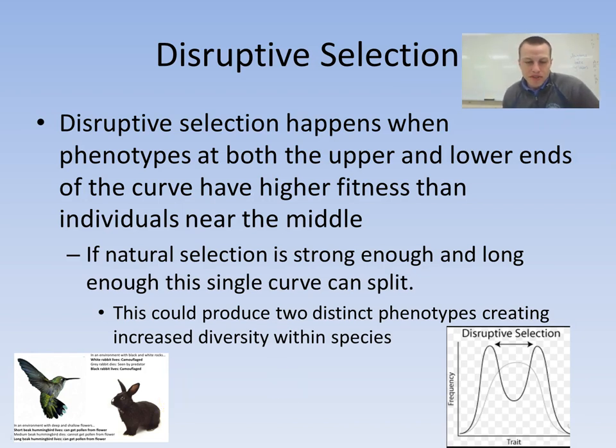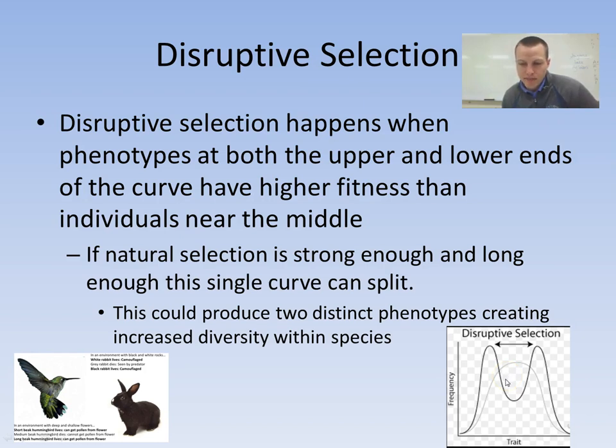Another example of disruptive selection would be with rabbits. At one time, this environment thrived with gray rabbits. We also had white rabbits and black rabbits at this time too. The gray rabbits thrive because they camouflage with their environment.